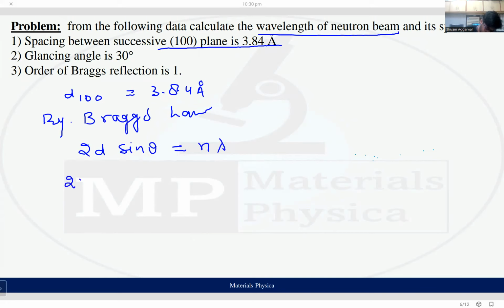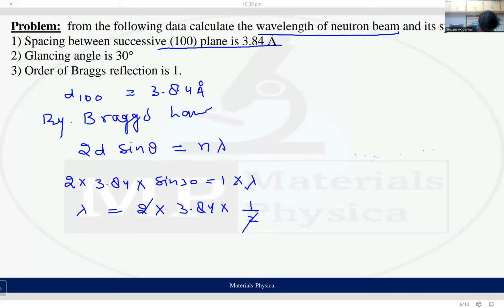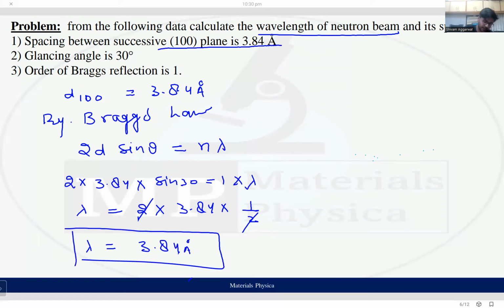So 2 into 3.84 into sin 30 is equal to 1 into lambda, and sin 30 is 1 over 2, which cancels, and lambda is equal to 3.84 angstrom.